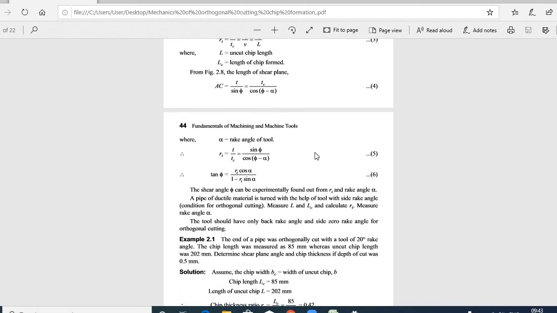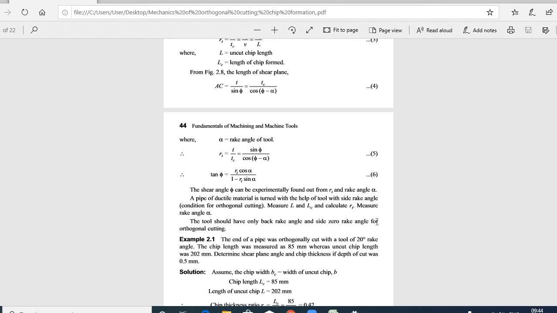Fundamentals of machining and materials, you all can refer to this, where alpha is equal to rake angle of tool and r_t is equal to t by t_c is equal to sin phi divided by cos(phi minus alpha). Therefore tan phi is equal to r_t cos alpha divided by 1 minus r_t sin alpha. The shear angle is found experimentally from r_t and rake angle alpha.